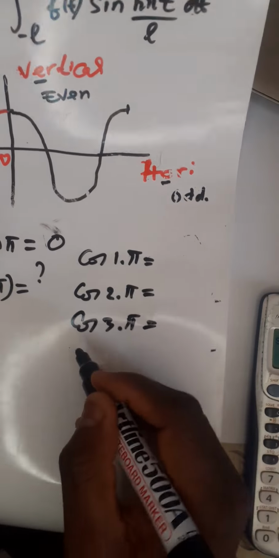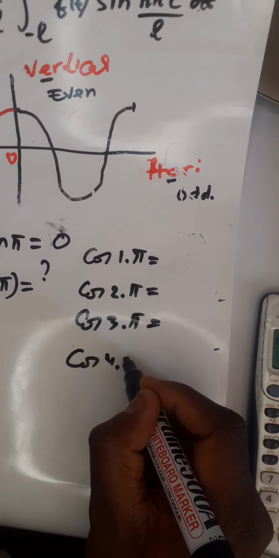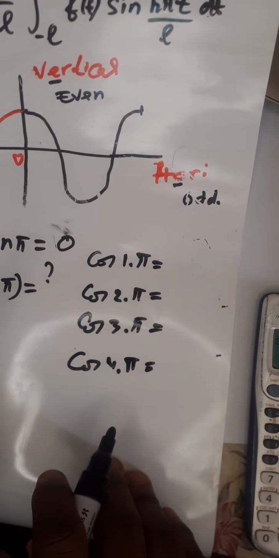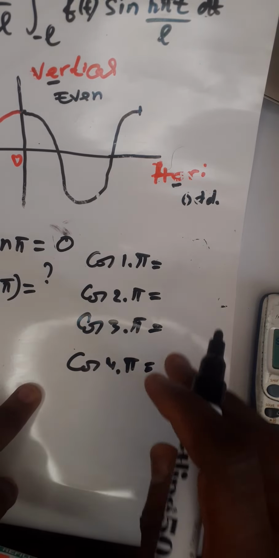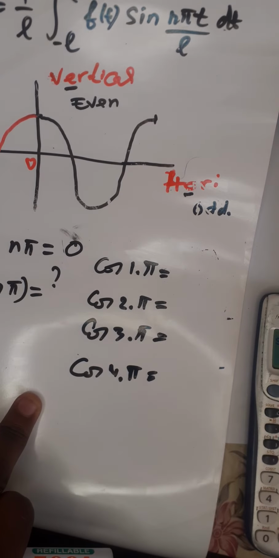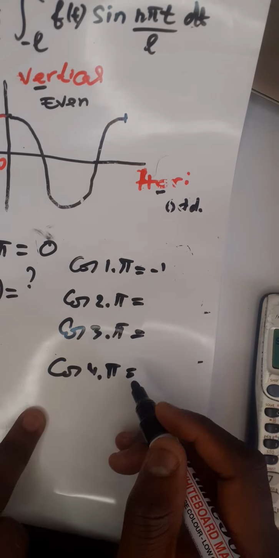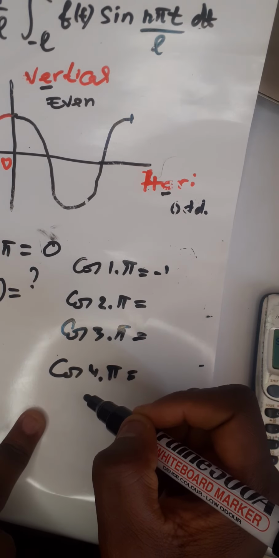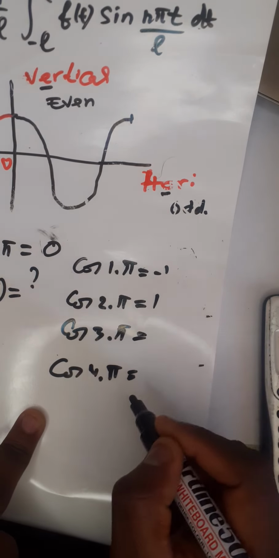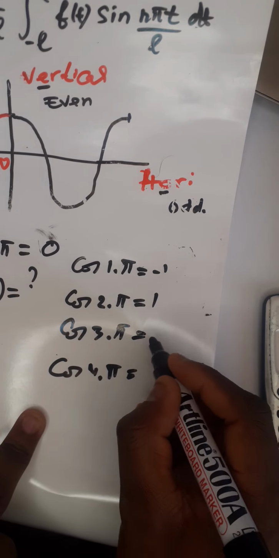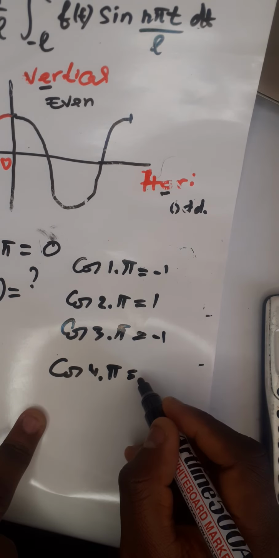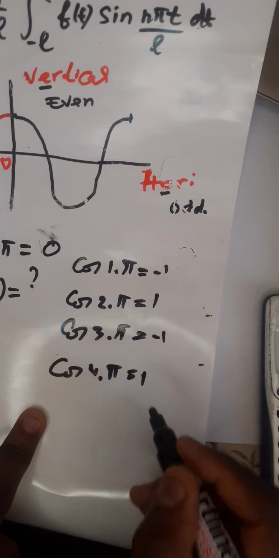And cos of 4 pi? Now when you press your calculator, cos of pi gives you -1. Cos of 2 pi gives you 1. Cos of 3 pi gives you -1, and cos of 4 pi gives you 1.